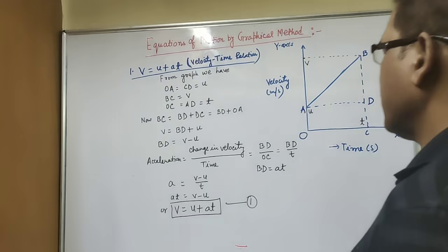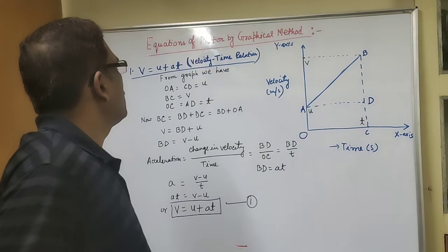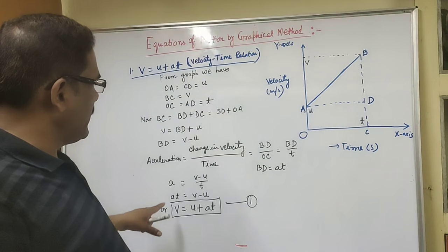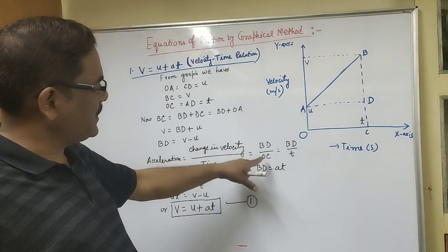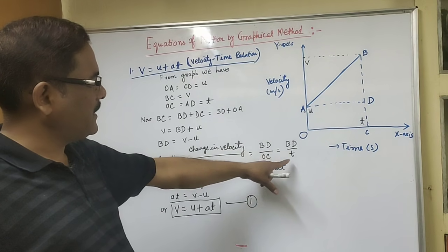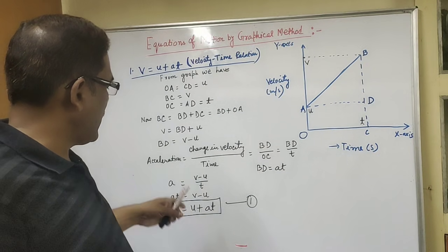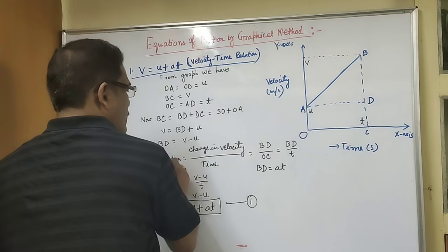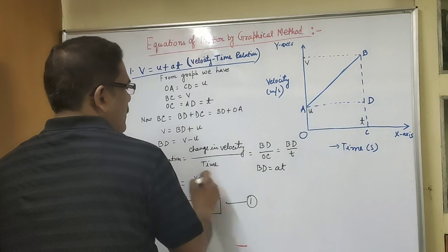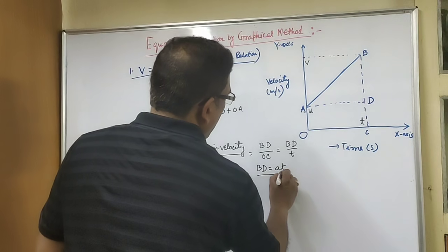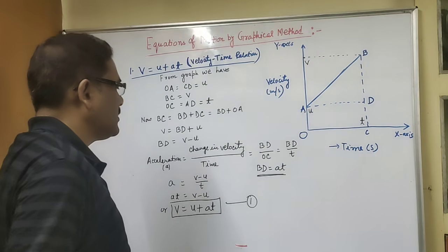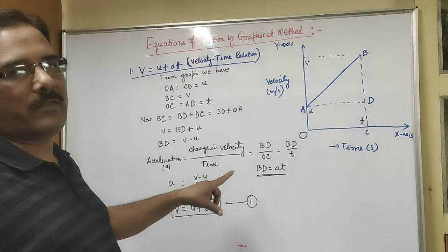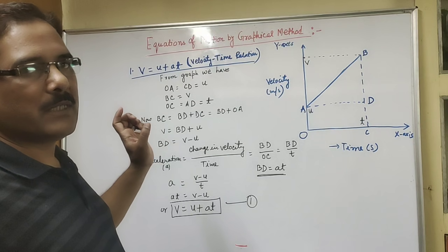Okay students, we have derived the first equation, that is velocity time relation, and here I have written BD by OC, which is BD by T, and this is acceleration A. So we can also write BD is equal to AT, and up to this much is common for all the equations. Actually we have three equations.